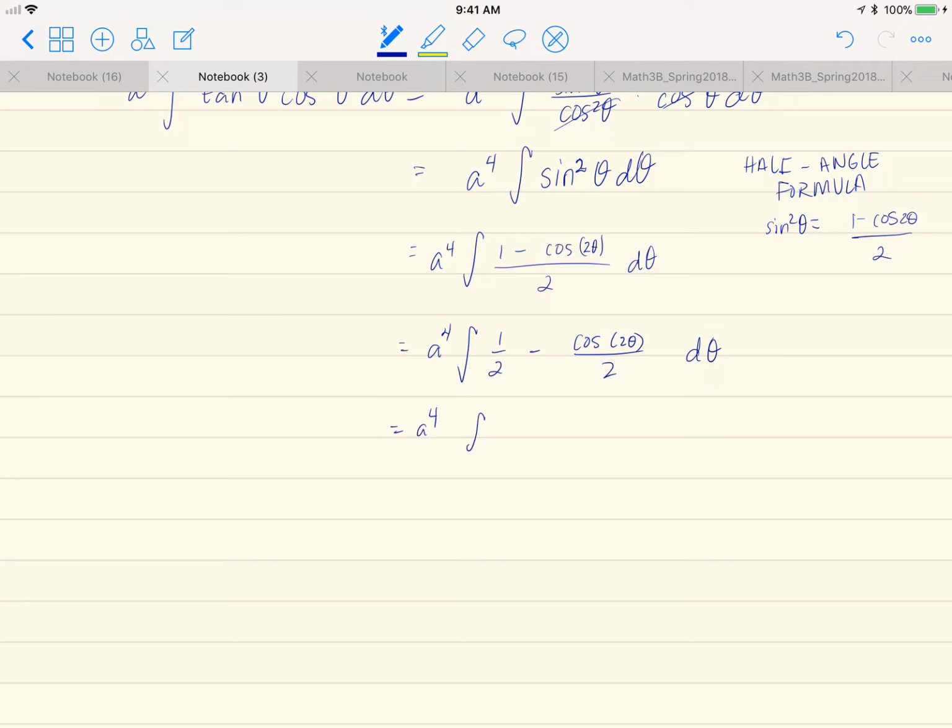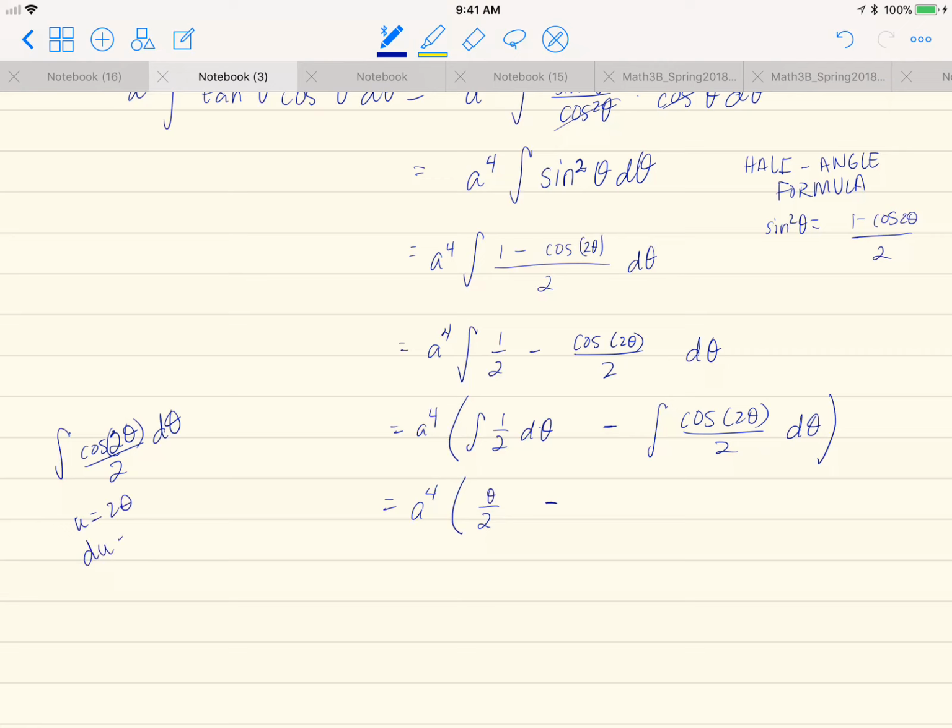And a to the 4th, we've got the integral of 1 over 2 d theta minus the integral of cosine 2 theta over 2 d theta. Now, the integral of 1/2 d theta is just going to be theta over 2. And for the integral of cosine 2 theta over 2 d theta, I'm going to let u equal 2 theta, du equals 2 d theta.